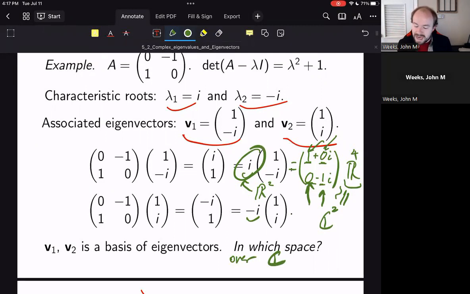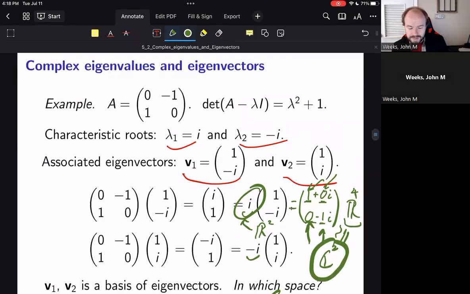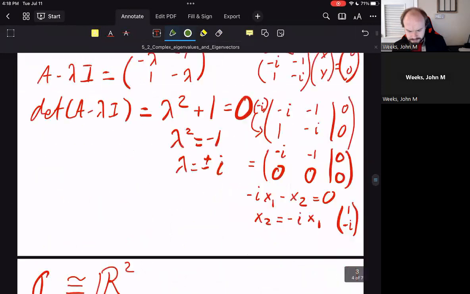The reason that it's okay to have 2 eigenvectors, this one and this one, is that we have C2 and that this is a vector space over C. So that ends up being a little bit important to us. If this was over R, we'd be looking at this like R4, and we need 4 eigenvectors instead. But instead, this is a basis over C for this operator.